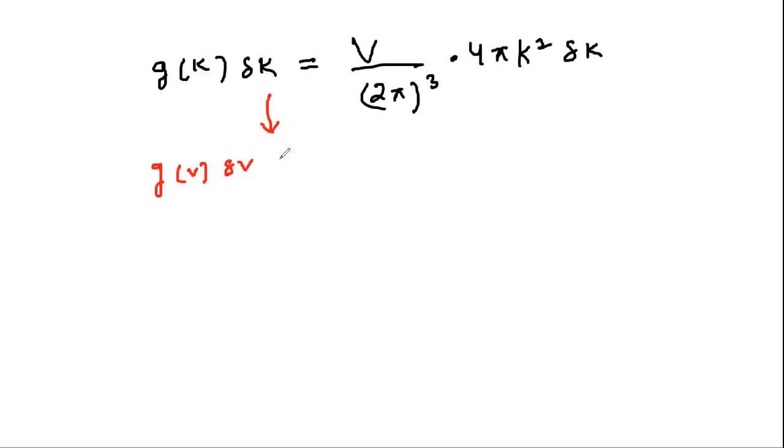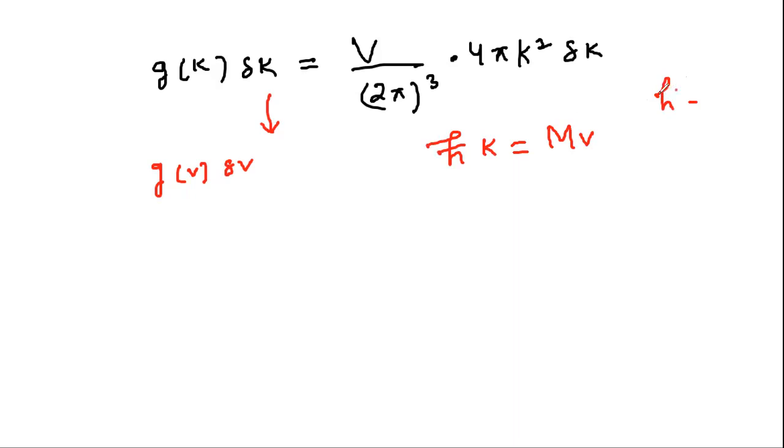For that, we have to use the transformation: H bar k is mv. M is the mass of the gas molecule, V is its speed, so mv is its linear momentum. H cross k is the momentum, and so we equated it.